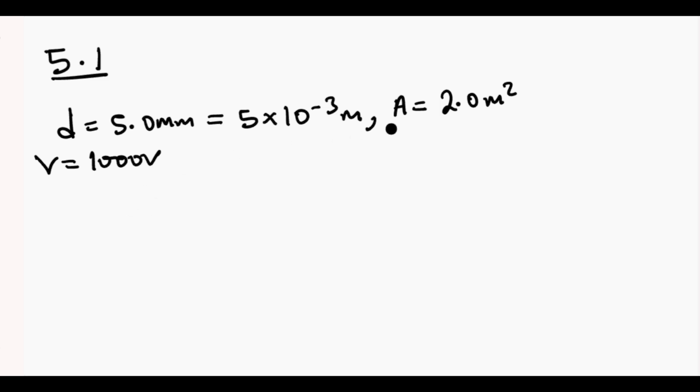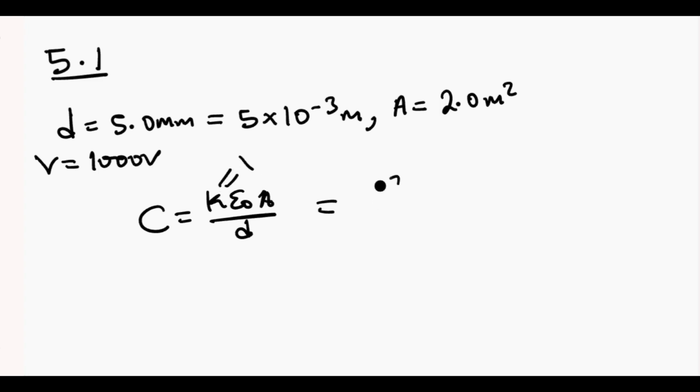So how do we find the capacitance here? Recall the capacitance is equal to K epsilon naught A over D. But when there is air or vacuum, K is equal to 1.